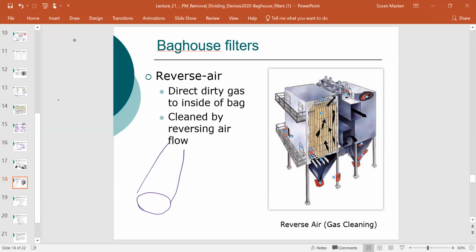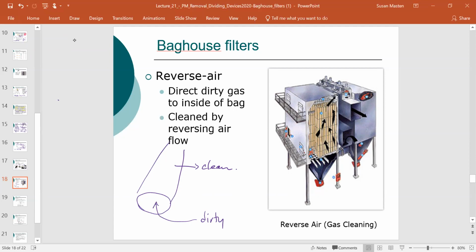So we're operating where the dirty air goes on the inside. The particles are collecting on the inside of that bag, and the clean air comes on the outside. So like most vacuum filters, the clean air comes on the outside of that bag. What's collected on the inside is the dust.